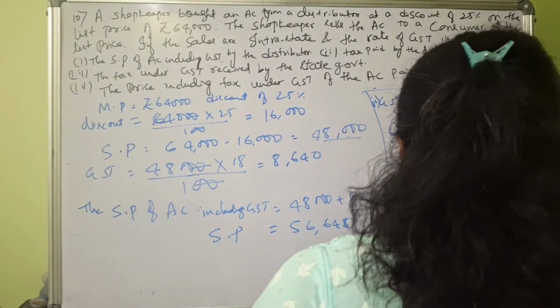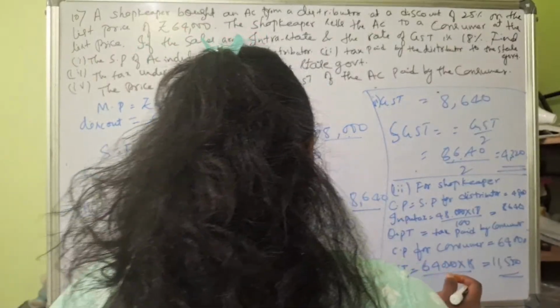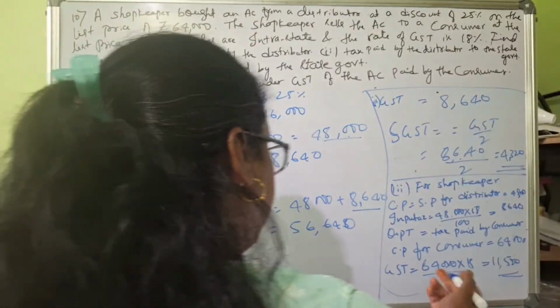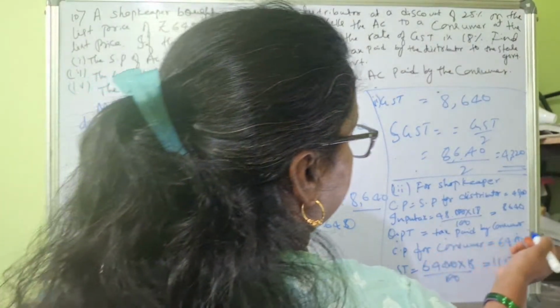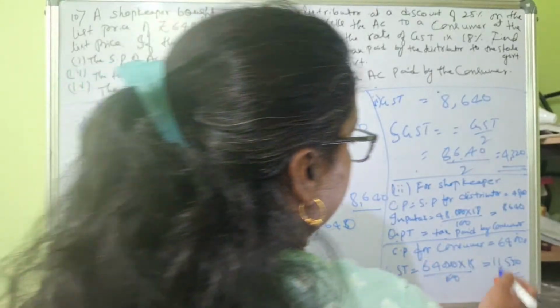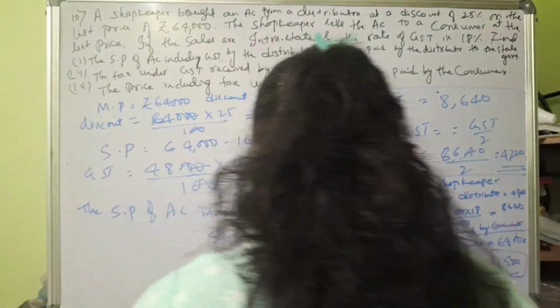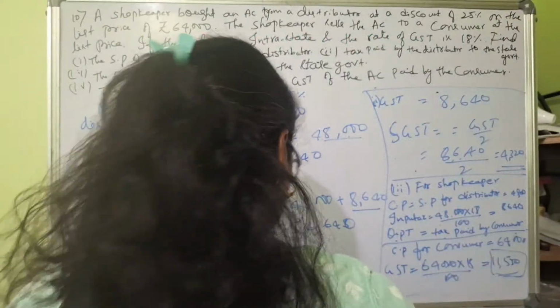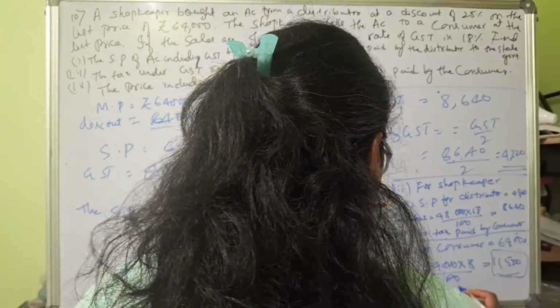That is the GST, or the output tax, or the tax paid by the consumer. So output tax is equal to 11,520.